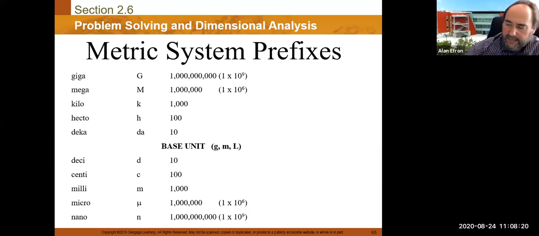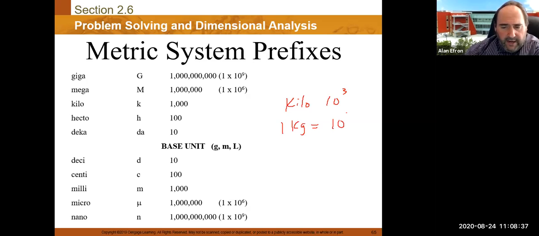Remember though, this is half of that version there, but for example, kilo was 10 to the 3 on that other chart that we saw. And as we talked about, if we're doing grams, that would mean in 1 kilogram, there's 10 to the 3 grams. In terms of say centi, it's like 10 to the minus 2.